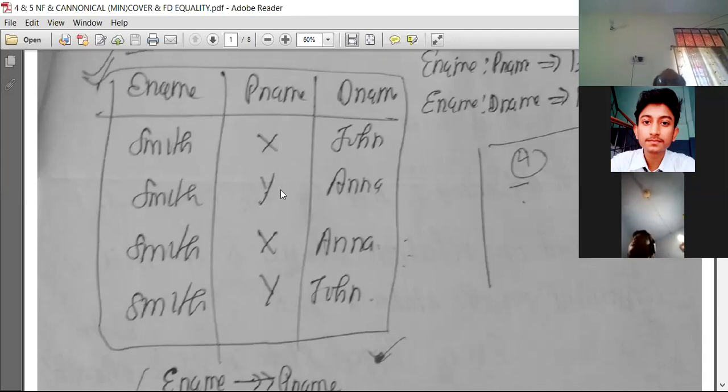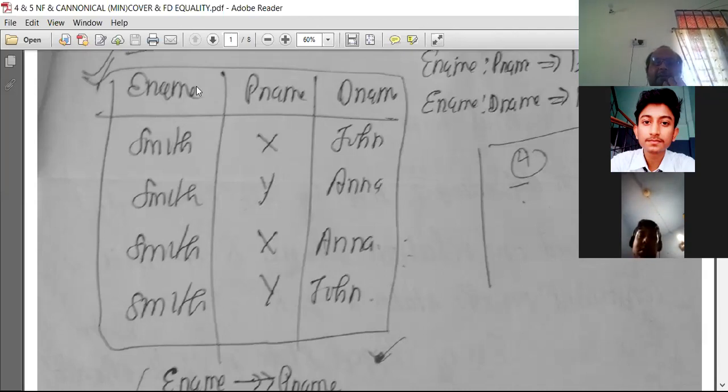I'm saying that more than two P names, that is X and Y, are dependent on Smith. That means more than two values are dependent on a single value. That means E name and P name have a relation of 1:n. On one Smith, more than one value of P name is dependent.